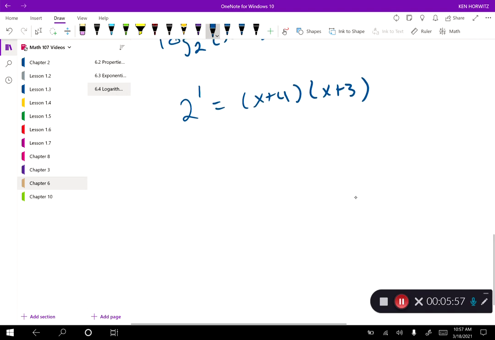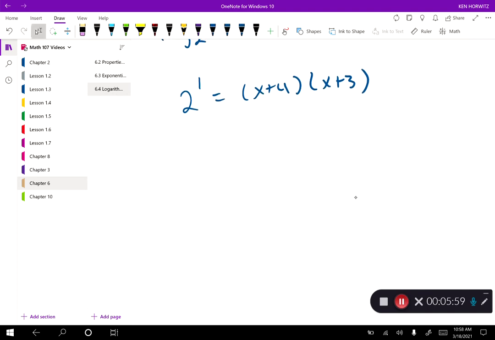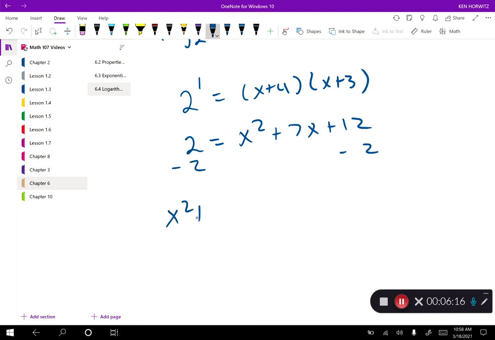All right. So now what I can do is I'm going to... the first is 2. That's x squared plus 7x plus 12. Subtract 2 from both sides, so I get x squared plus 7x plus 10 equals 0.